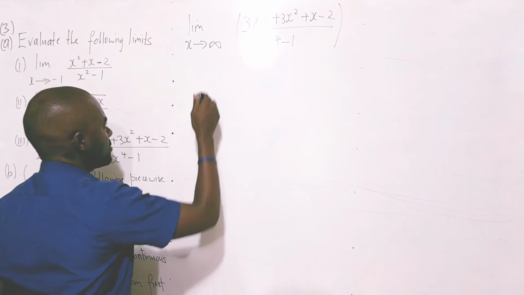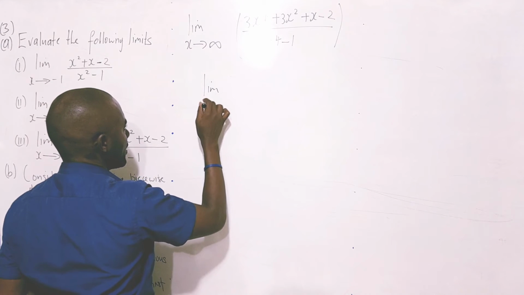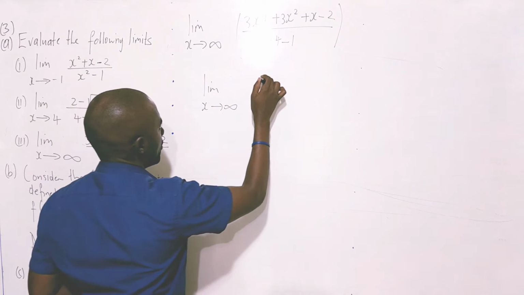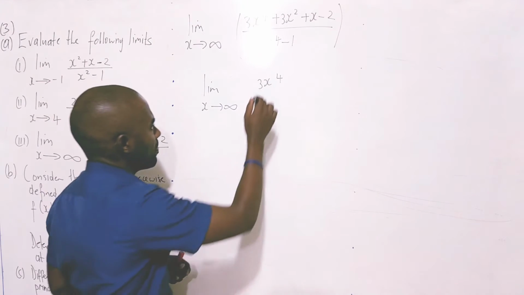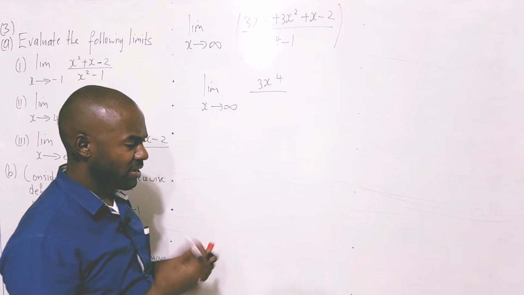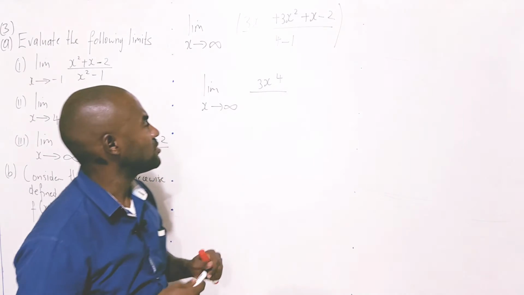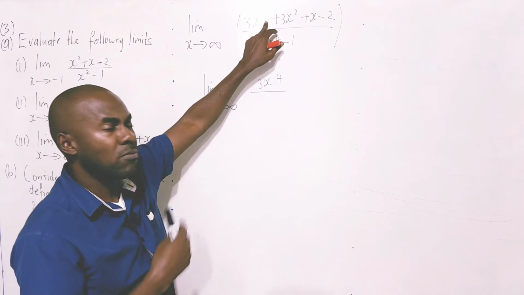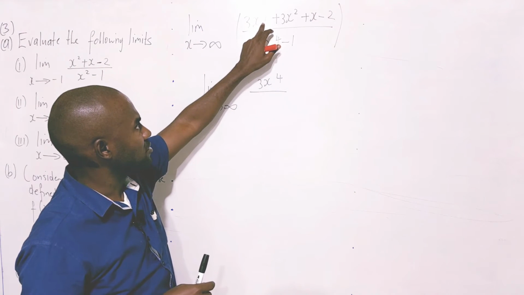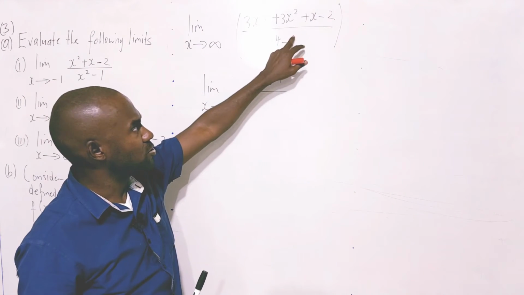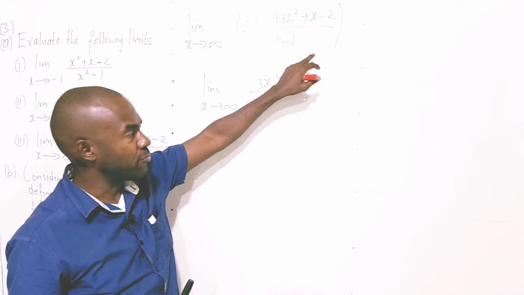So this essentially becomes the limit as x approaches infinity of 3x to the 4th in the numerator, right? So again, as x gets very large, x to the 4th will grow much, much faster than x squared, and as a result, 3x to the 4th becomes the dominant term of the numerator.